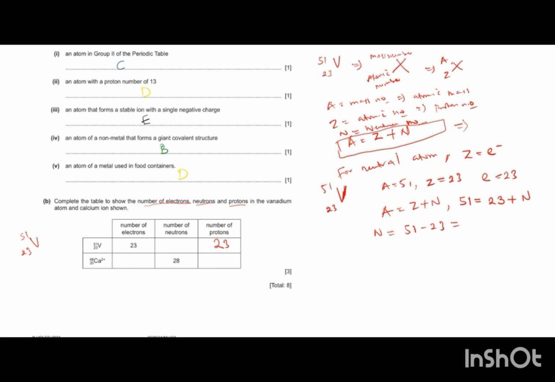So that's it about the number of neutrons for the vanadium.